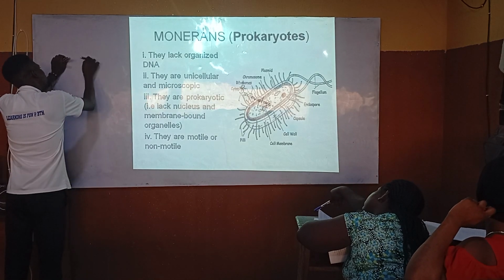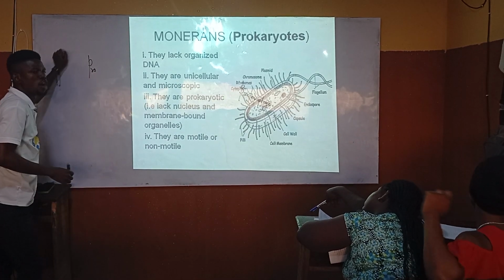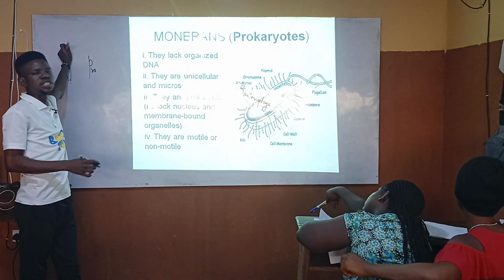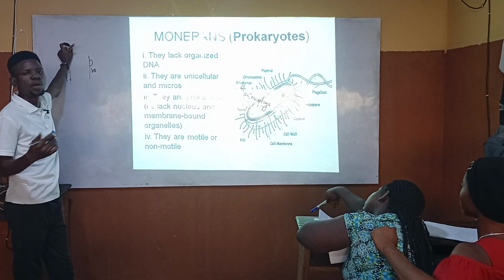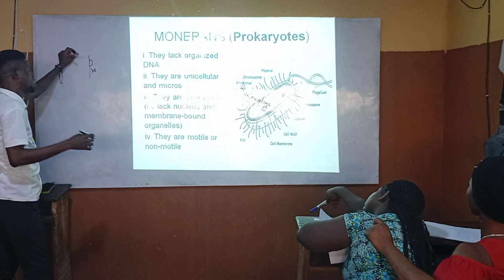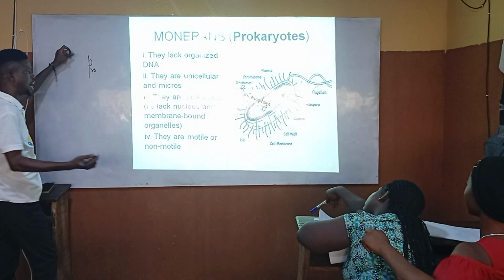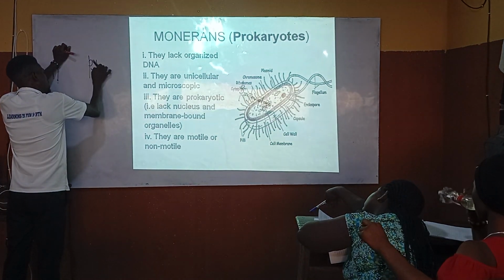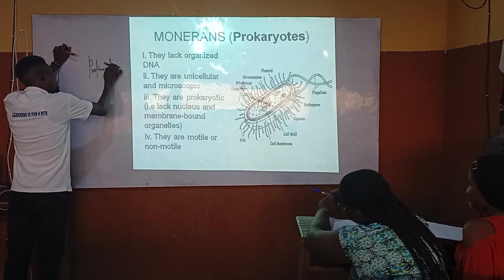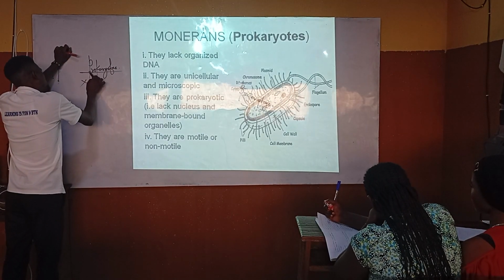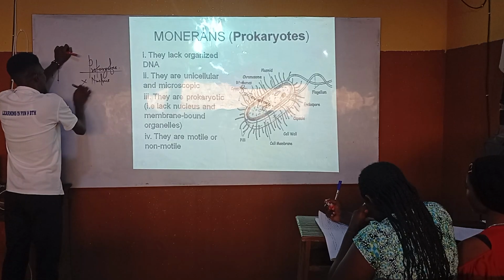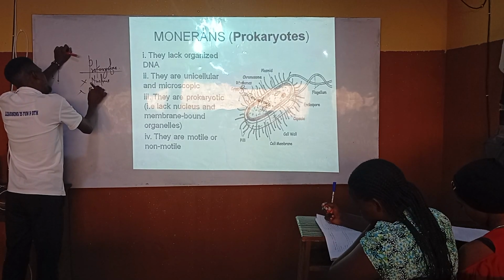Now look at the board quickly. Cells can be of two types based on the nature of their nucleus and other what? Membranes that they have, or other membranous organelles that they have. The prokaryote, look at the board. The prokaryote does not have a true nucleus and does not have what?